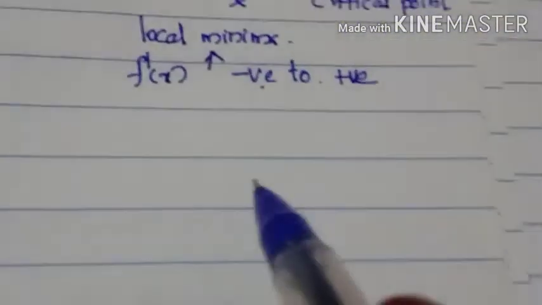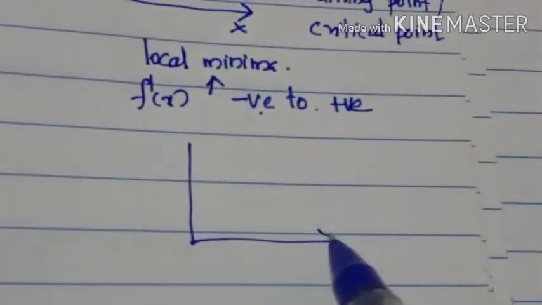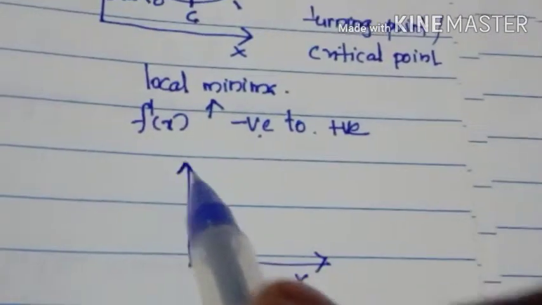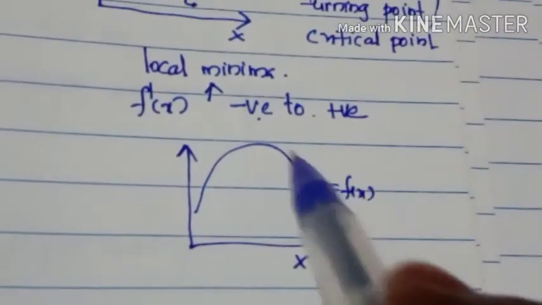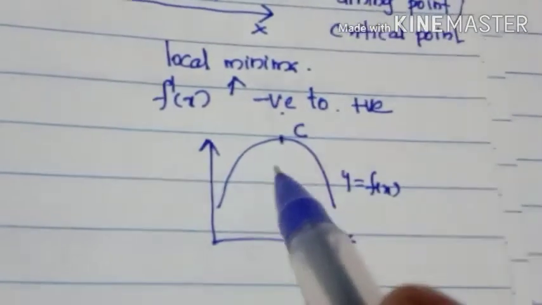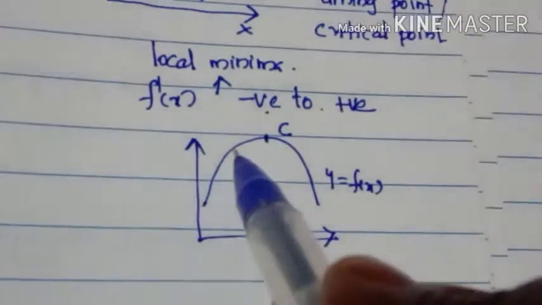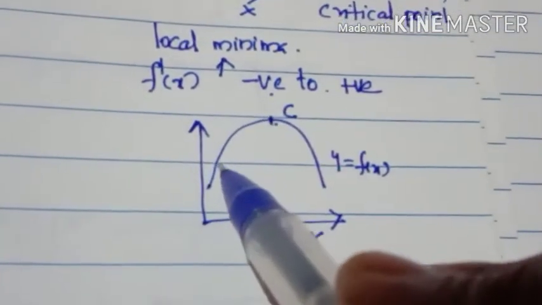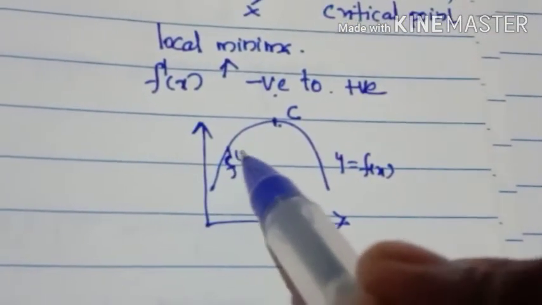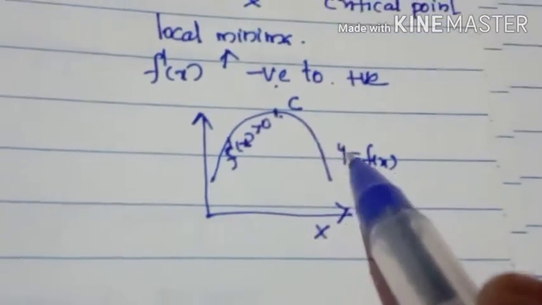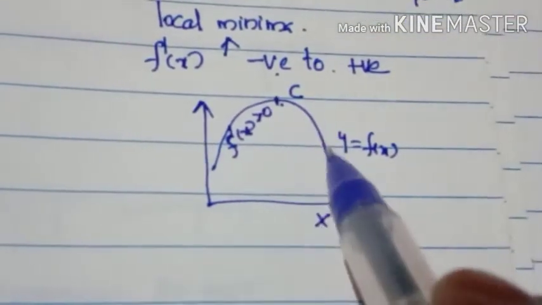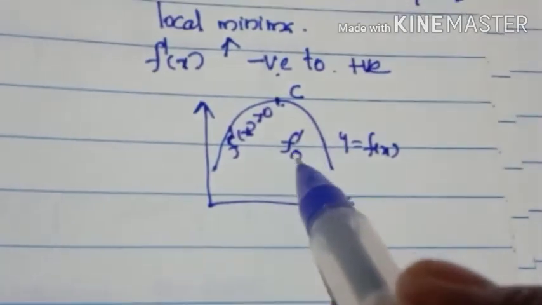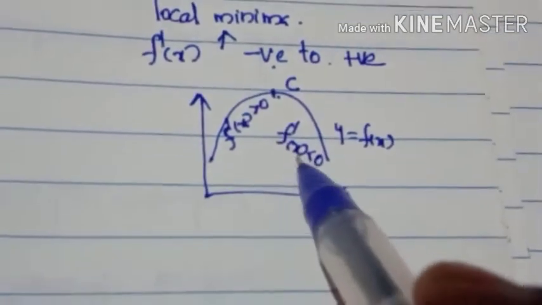Now see, we have another graph. Y equal to f of x, and this is the critical point c. From here to c, the graph is increasing and therefore f dash of x is greater than 0. From c to here, the graph is decreasing, naturally f dash of x is less than 0.